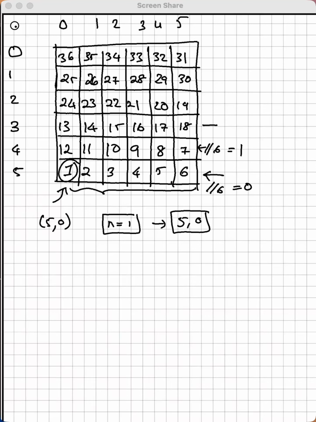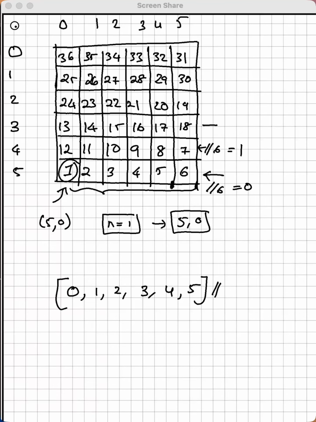If I divide anything until here, I'll get 0, but if I divide 6, I'll get 1. So one of the things we can do is align this by subtracting 1. Because of that, we will get 0, 1, 2, 3, 4, 5.